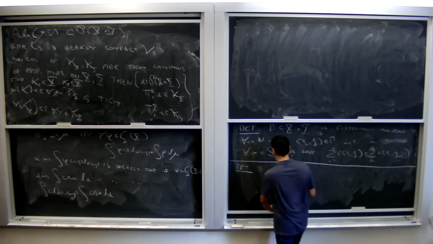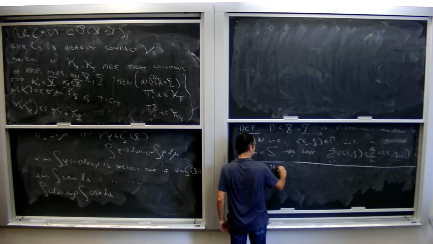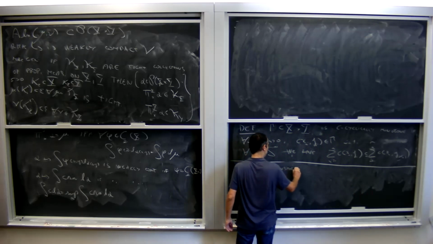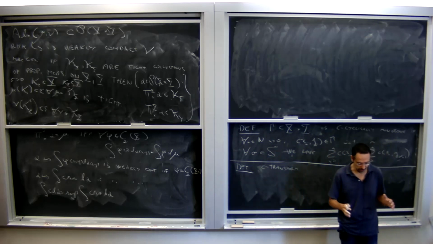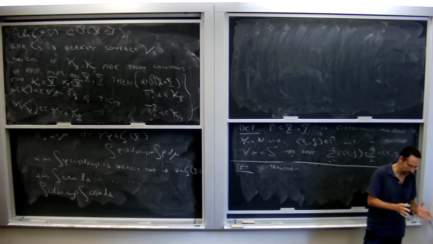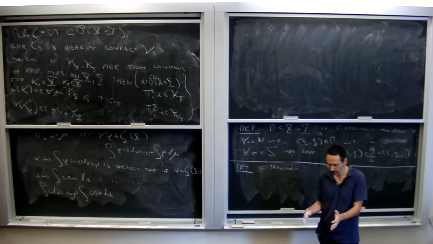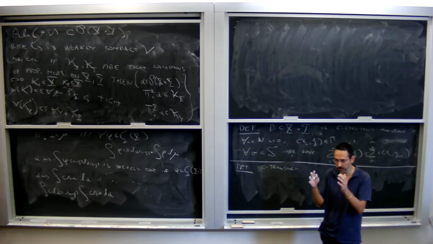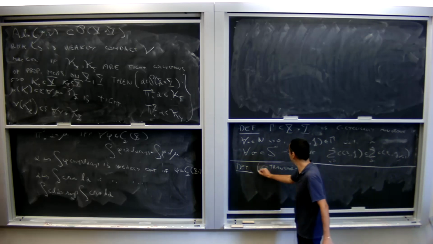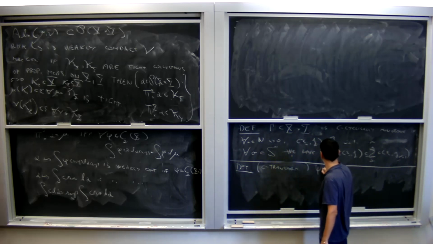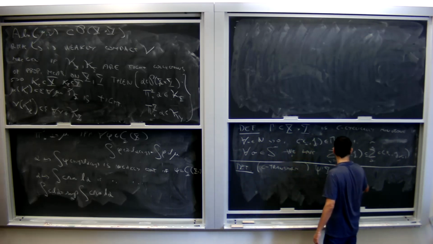Let me speak about c-transforms. So a c-transform, the operation of c-transforming, is something that takes a real-valued function on X and returns a real-valued function on Y, possibly with plus or minus infinity, and vice versa, takes a function from Y and returns a function of X. So let me start from functions on Y. Let's say that psi goes from Y to R, possibly plus or minus infinity.